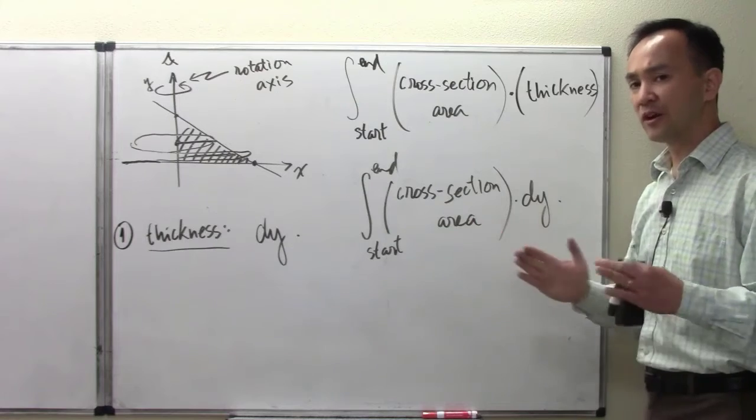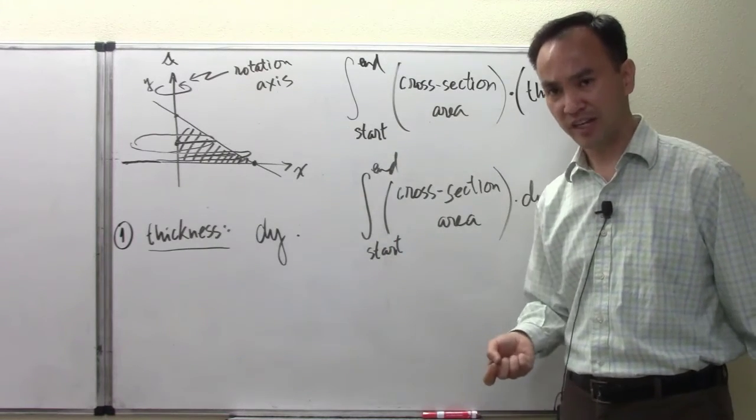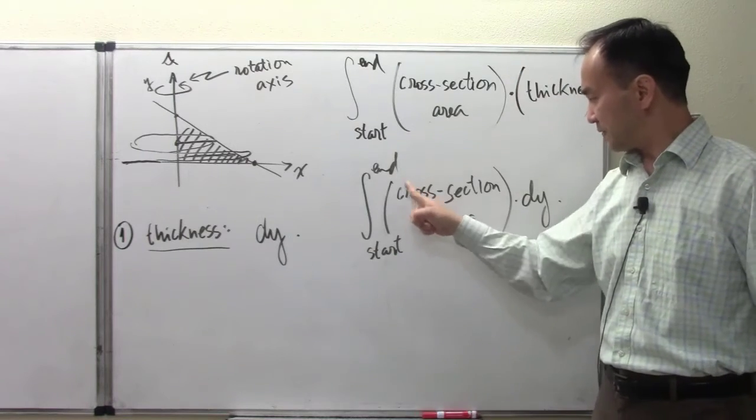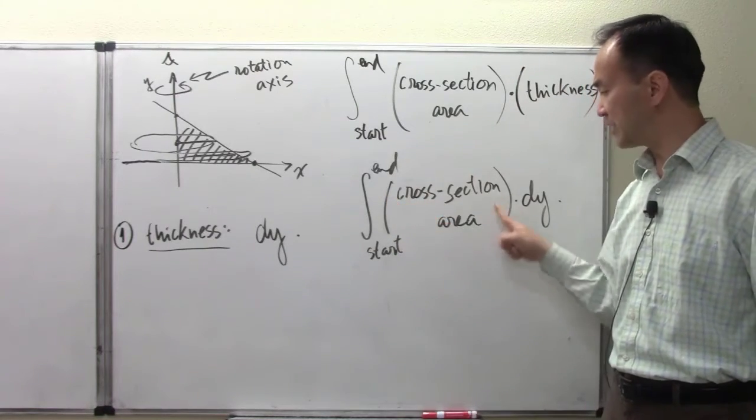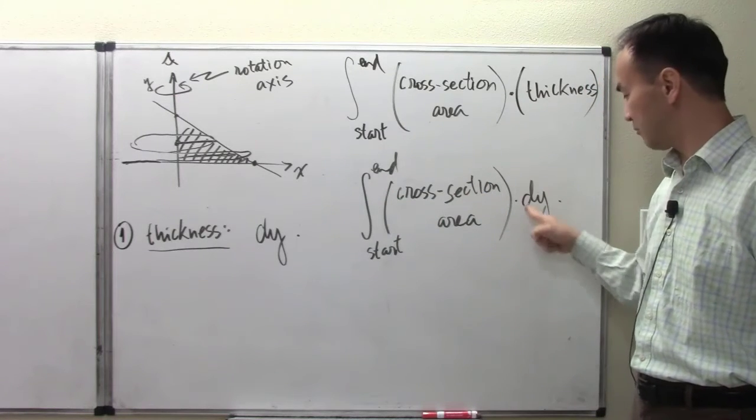Because for the rule of setting up a definite integral, as I explained in an earlier lecture, the function has to stay with the variable consistent with the one indicated here with the d expression.